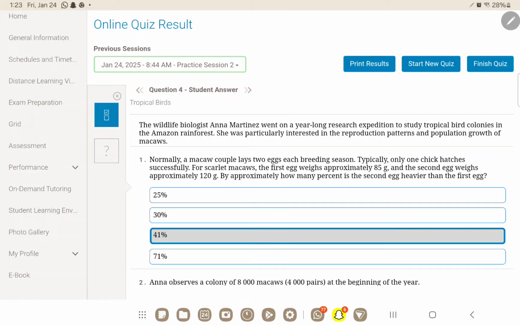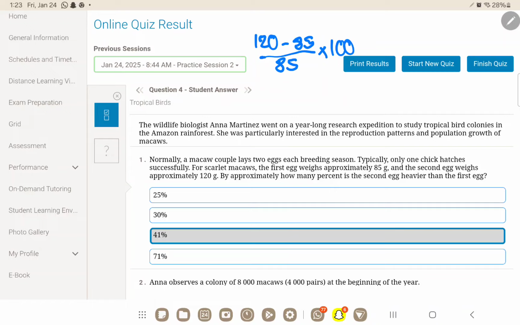Whenever you want to find a percentage change, you always have to do egg 2, or number 2, so 120, minus number 1, over number 1, times 100. So 120 minus 85 over 85 times 100. I'm just going to put that in my calculator really quickly because we get calculators in the exam.